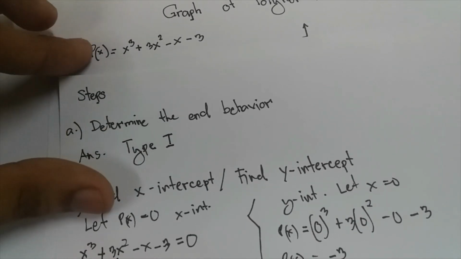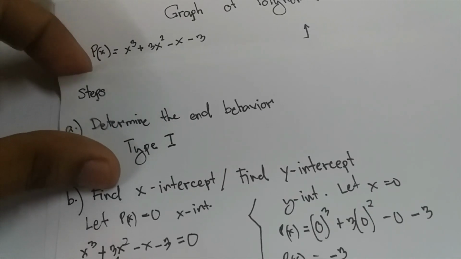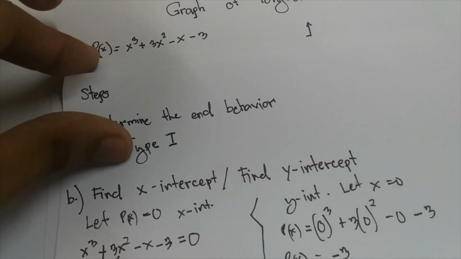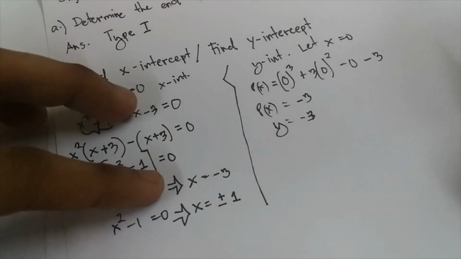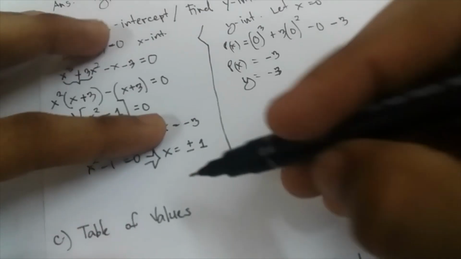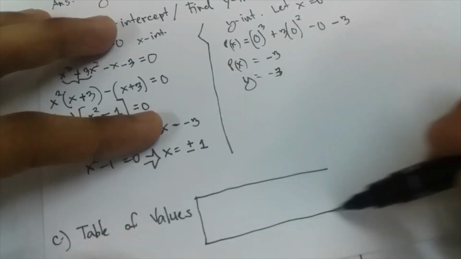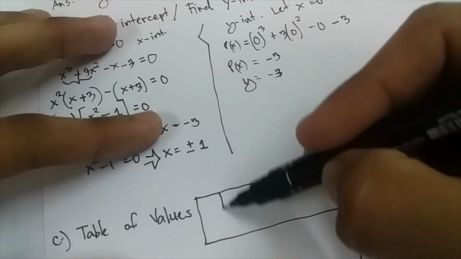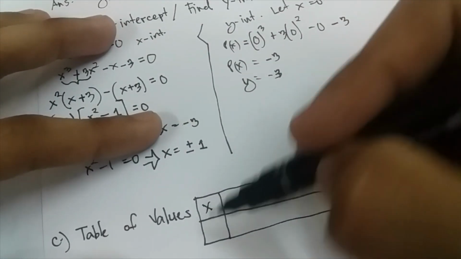So after this one, we need some more values for x so that we can better visualize our graph. So I have here letter C. You can construct a table of values this way. So I have here x and also y.